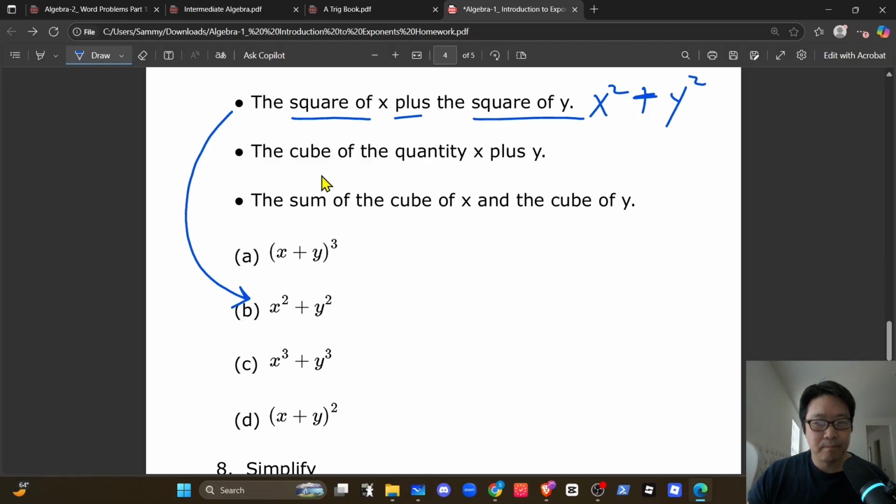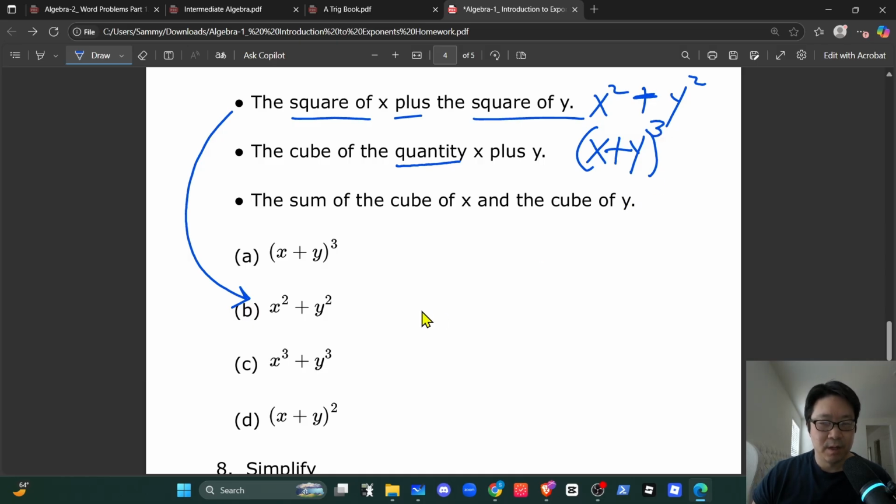That one. Okay, for the second one, it says the cube of the quantity x plus y. So anytime you see the word quantity, it means parentheses. So the cube of the quantity of x plus y means you add x plus y first, you surround it in parentheses, and you're going to take the cube of it.